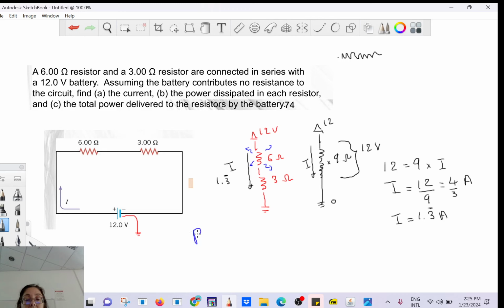That energy will be turned into heat. It's getting very hot. I have the resistance, I have the current, so I just have to do R I squared. What do you get? 6 times 4/3 squared. No, no, no.